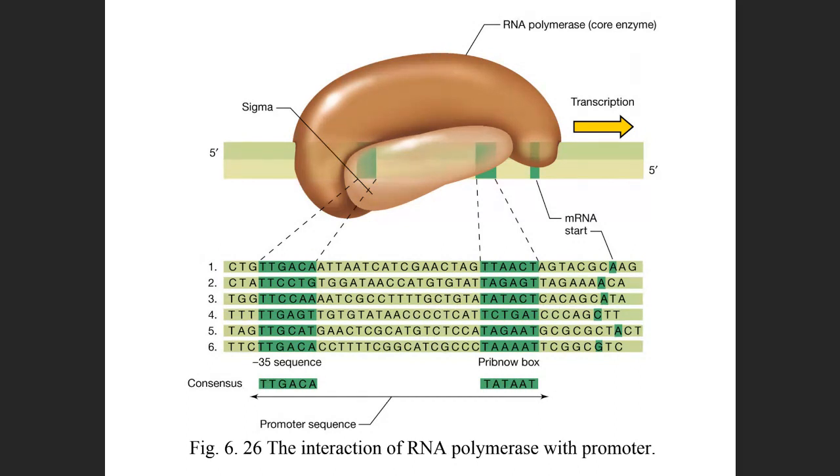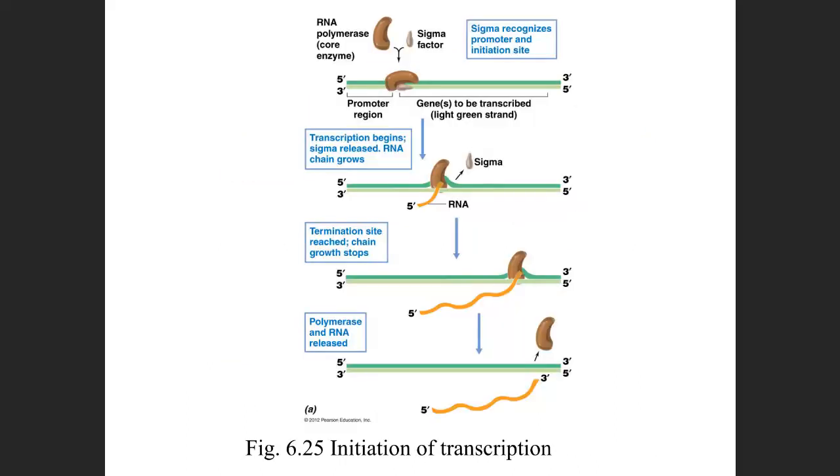So now we're back here and say, okay, the sigma factor recognizes where the promoter is and binds to it. And then the RNA polymerase starts the transcription. And notice, what is this? This is new RNA, right?